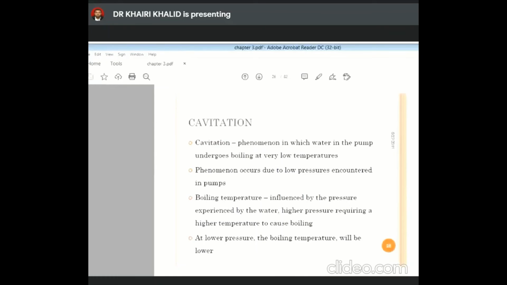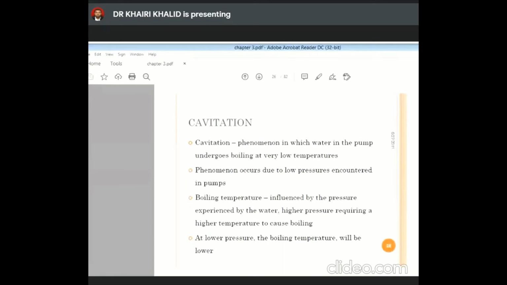Again, the cavitation phenomenon is due to the reduction of pressure. It occurs due to a lower pressure encountered in the pump. As I said just now, when we go to higher elevation the pressure is reduced, and the boiling temperature is also reduced.